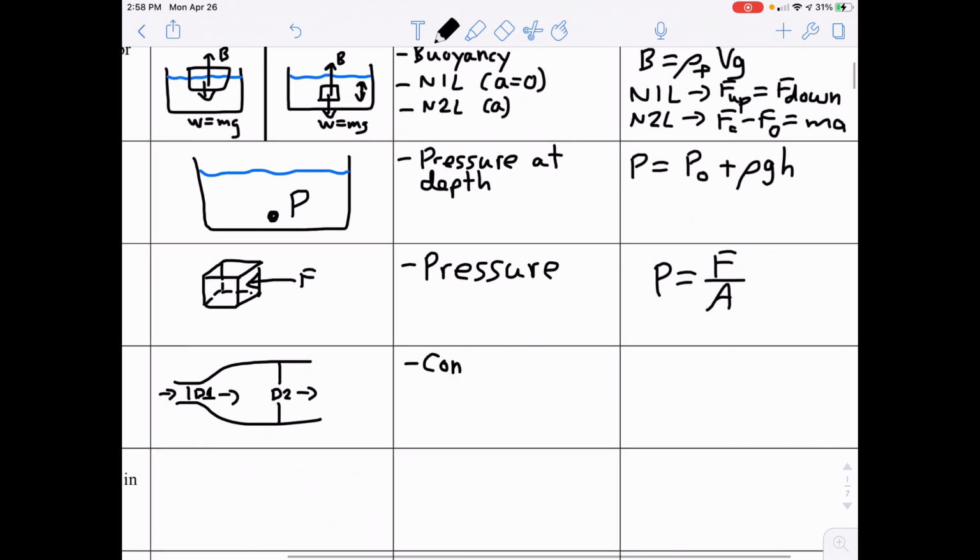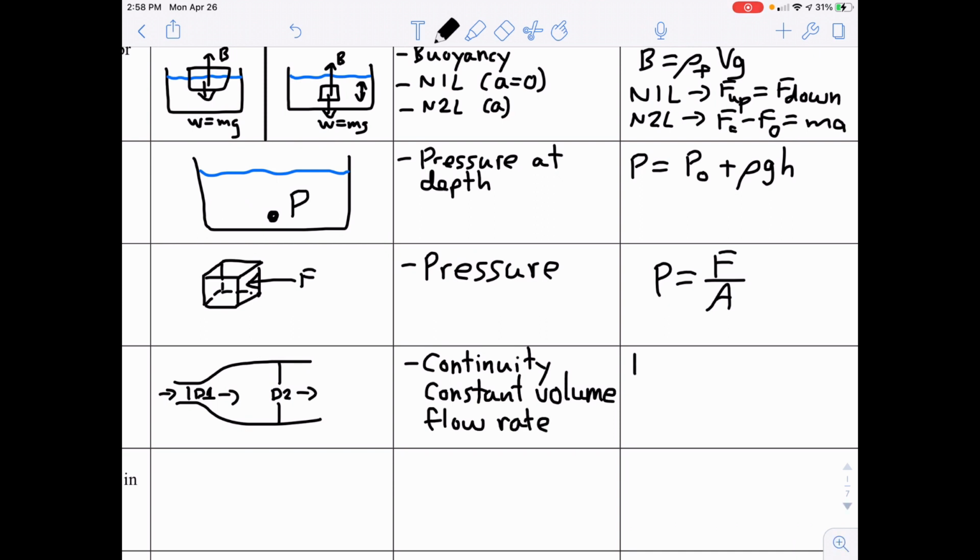Now, the concept is referred to as continuity. Okay, but what it means is constant volume flow rate.